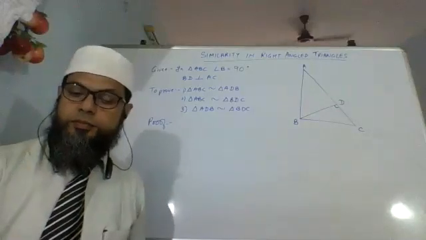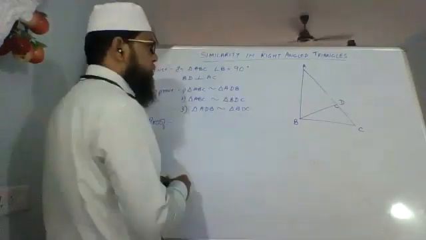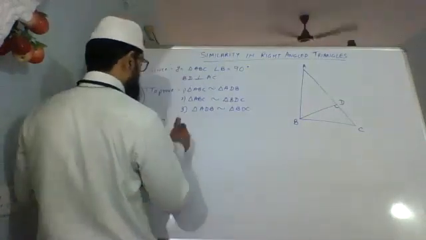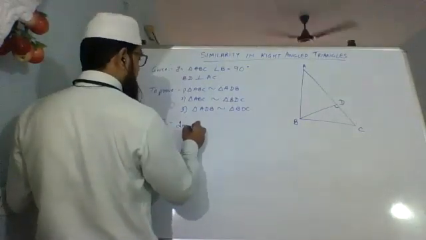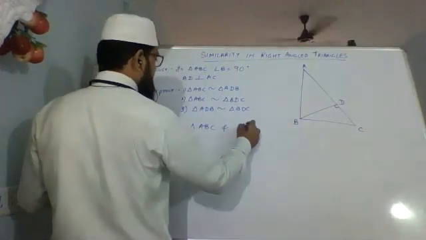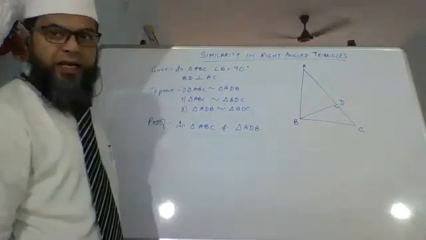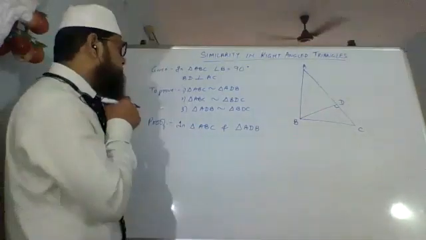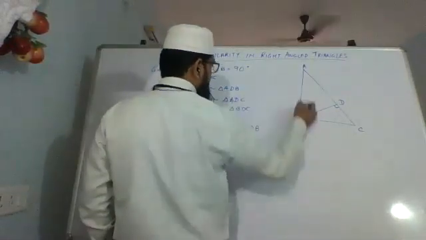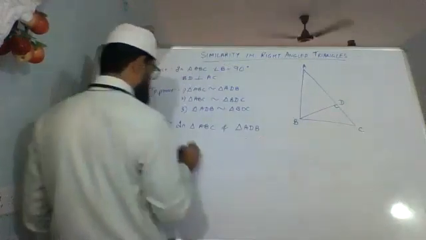Prove this. Okay, we're going to prove this. See, first look at the two triangles. In triangle ABC and triangle ADB, angle A is common.